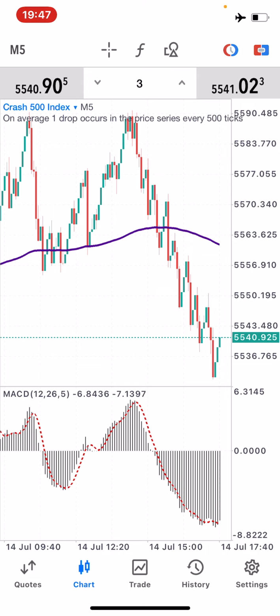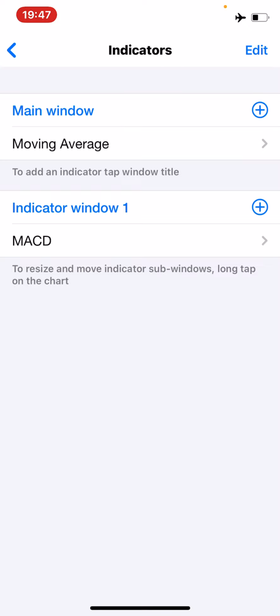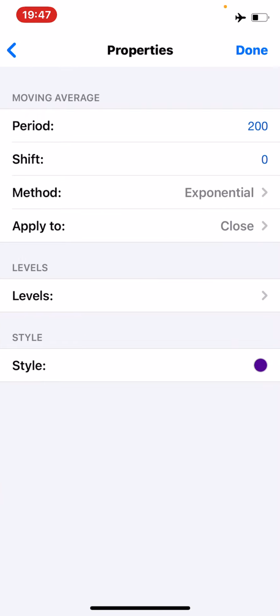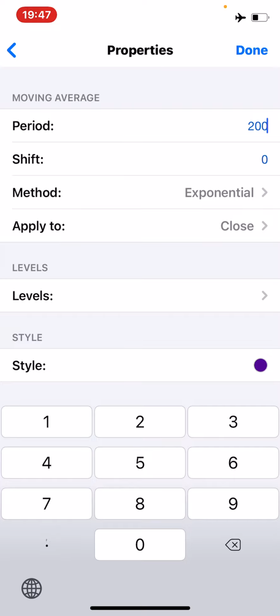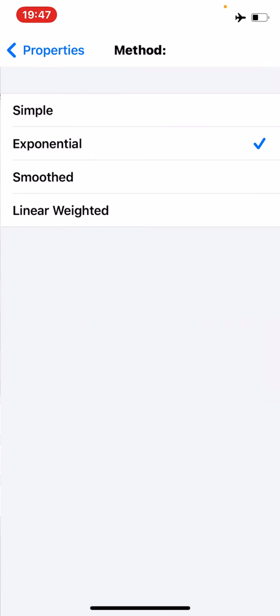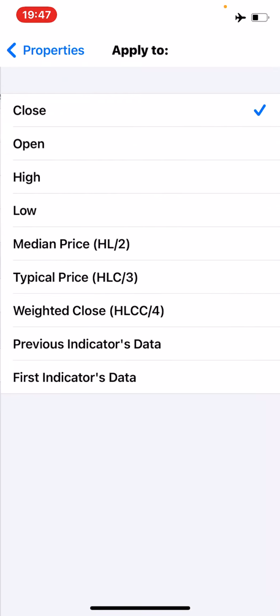The next indicator that we need is a moving average, and we want this moving average to fall under our indicator window 1, which is right here. So moving average, and this moving average should have the following properties. It should have a period of 2, so I'm going to change that to 2, a shift of 0, a method of linear weighted, so please make sure you change to linear weighted, apply to, we're going to change that also.